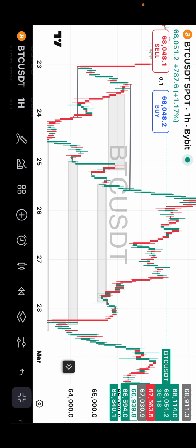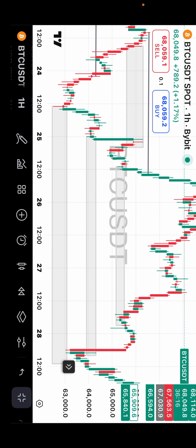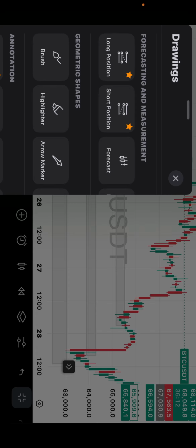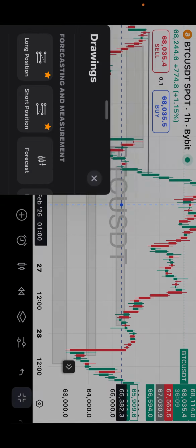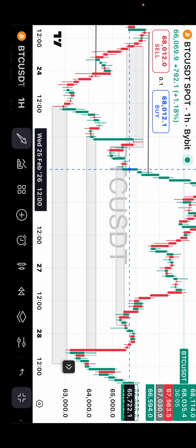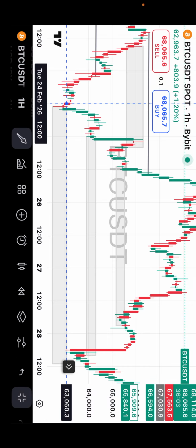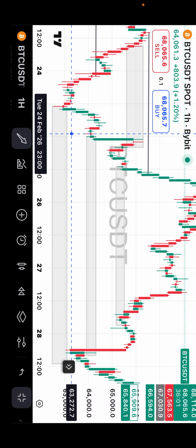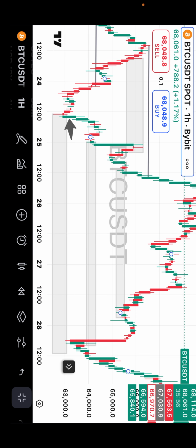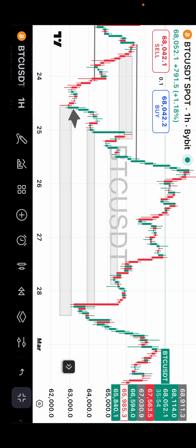You can see the imbalance we have here. There's imbalance here, this candle, this one here, and this one. So this is the extreme imbalance we have here. They all need to be filled for the market to move up.